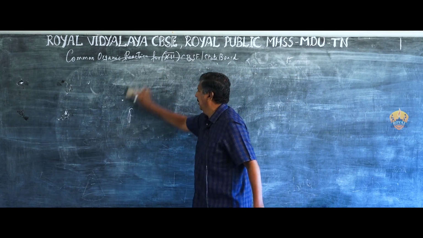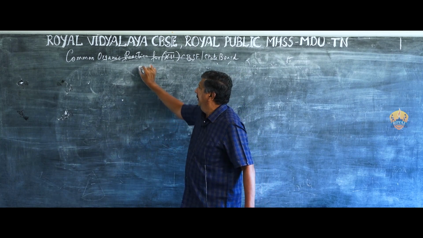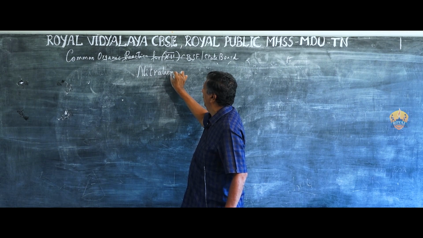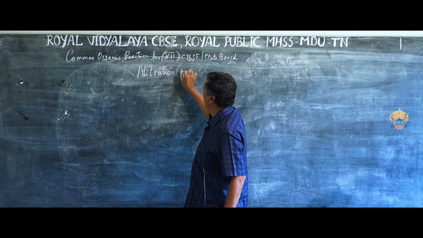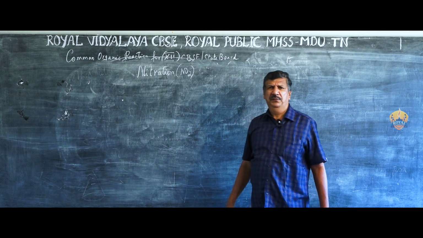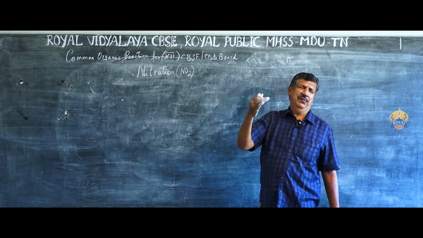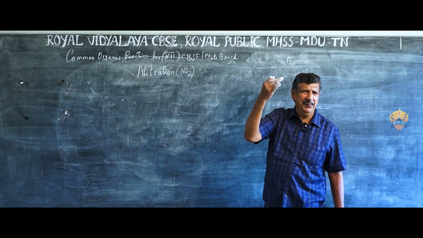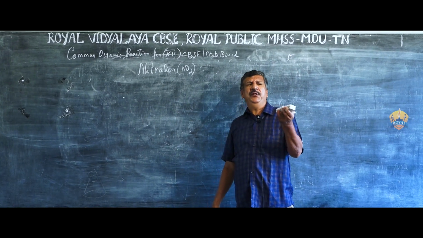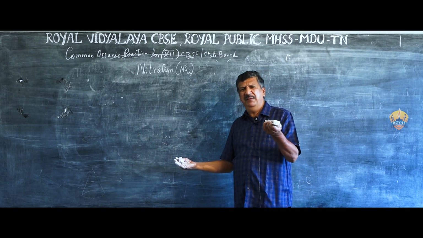Next one, I am going to teach about nitration. Nitration means introducing a nitro group. First, you should have this idea. How am I going to introduce a nitro group? Very simple.